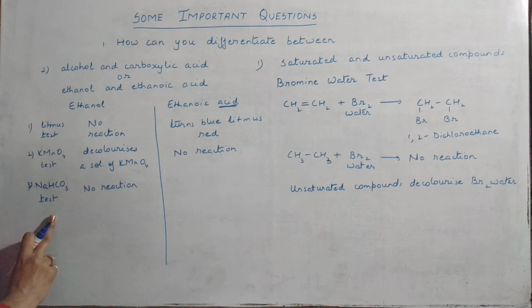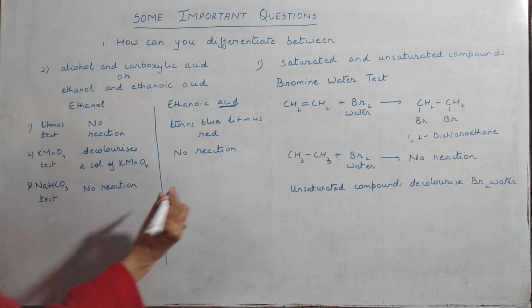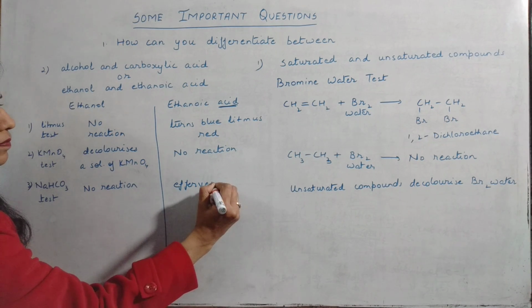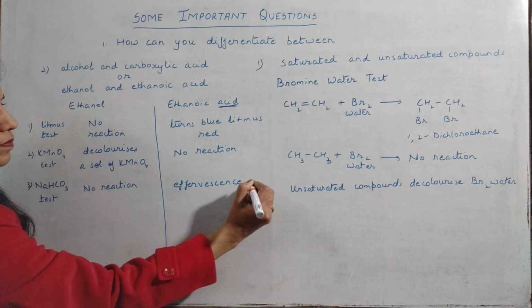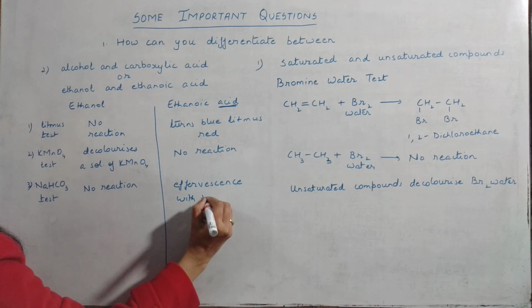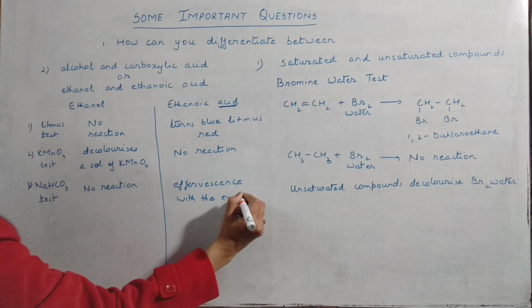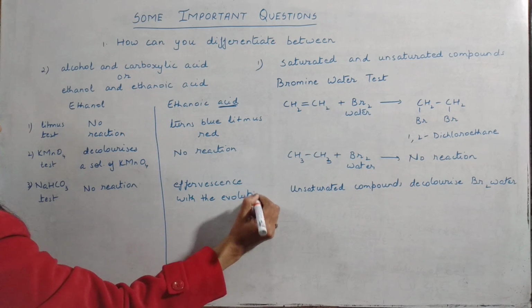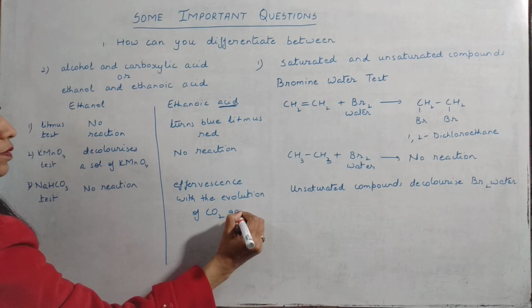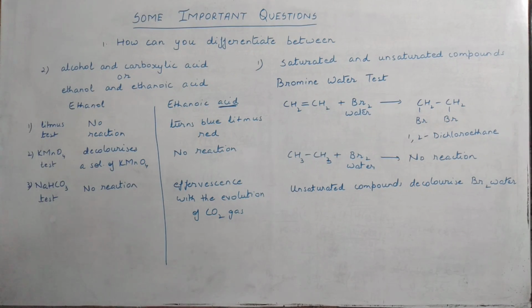We have done this property in the chemical properties of ethanoic acid, and it gives off carbon dioxide gas, so an effervescence is produced. So it gives effervescence with the evolution of CO2 gas. What is effervescence?